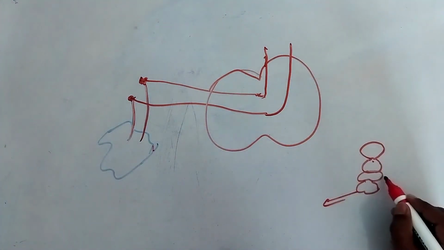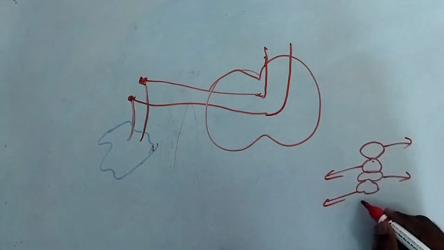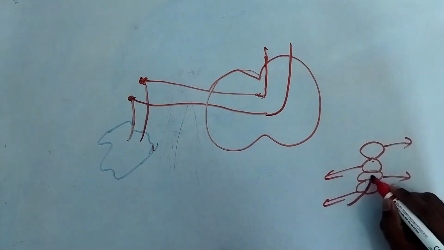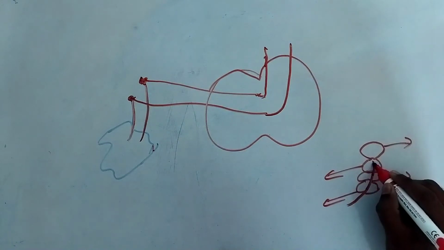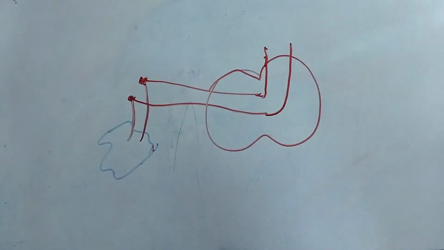So this is spinal cord, this is medulla oblongata, this is pons, this is midbrain. From the spinal cord, the sensation enters into the medulla, from medulla to pons, and then to midbrain, the main center of the pain sensation.